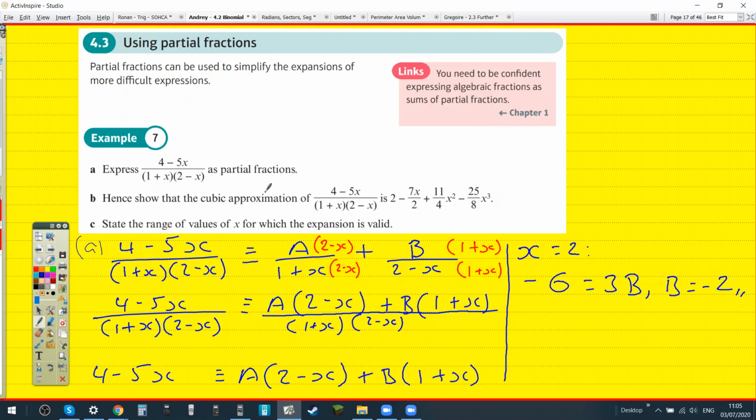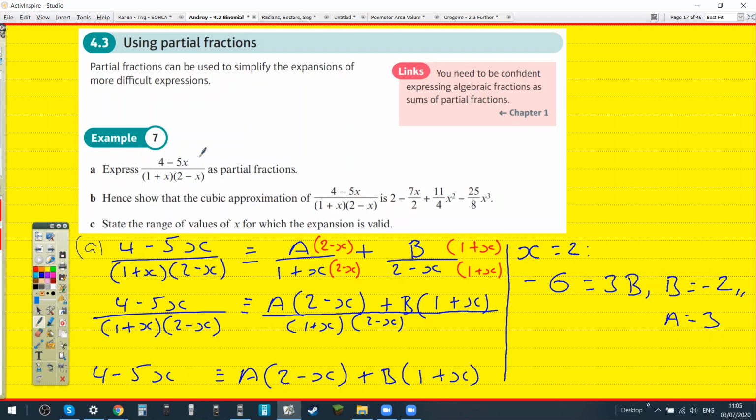Whatever's quicker and easier. I think A is 3 as well. Might be 1 over 3. I think it's 3. Yeah, A is 3. So A is 3, B is minus 2.